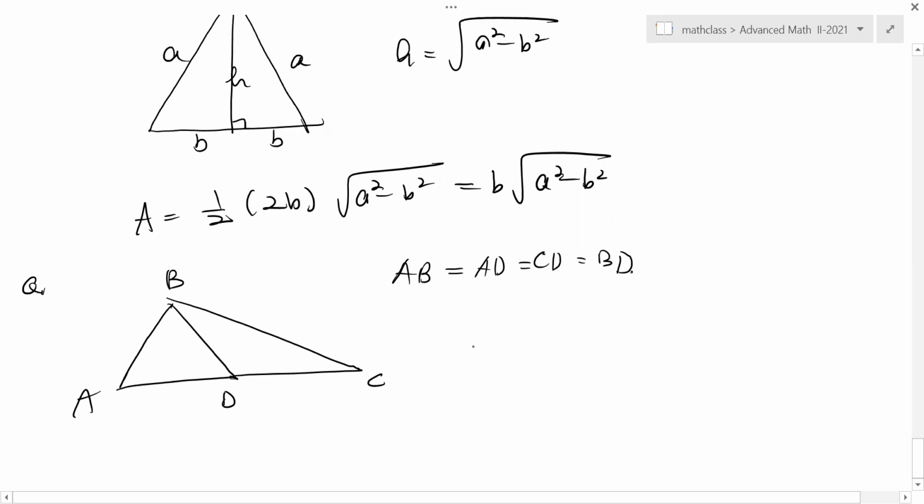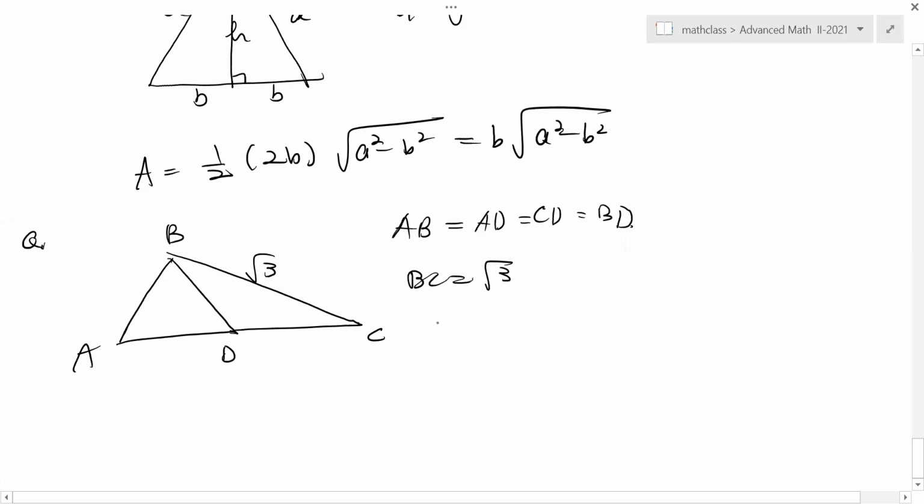Okay, what I know is BC equals square root 3. Okay, that's what we know. Find the area of the triangle ABC.